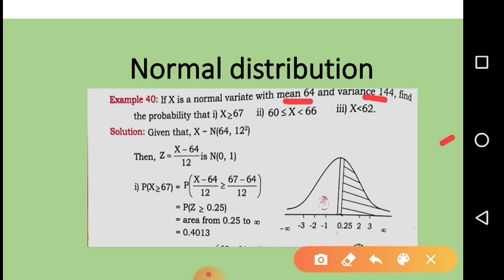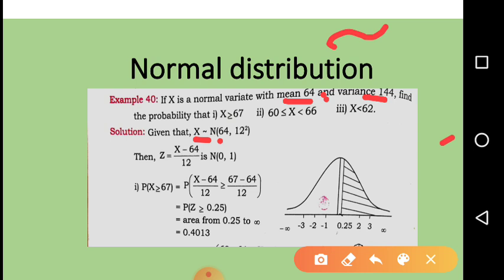Okay, so the method is the same for all the problems. First you will write X follows normal distribution. See here, capital letter X, follows, that sign you will write like this, N for normal distribution. Then you put a bracket, then you write the mean, given here as 64, comma, 12 squared.